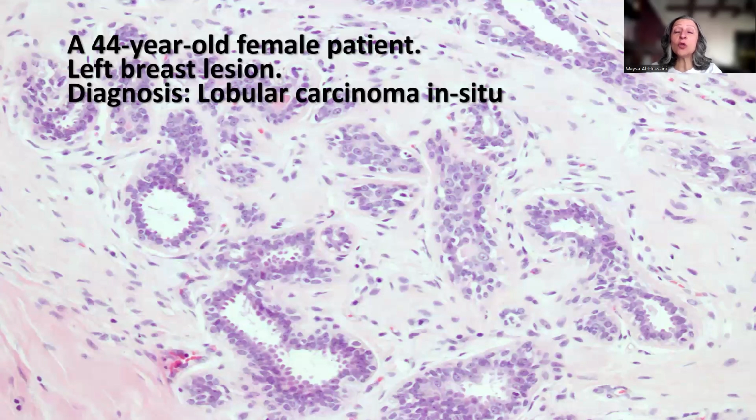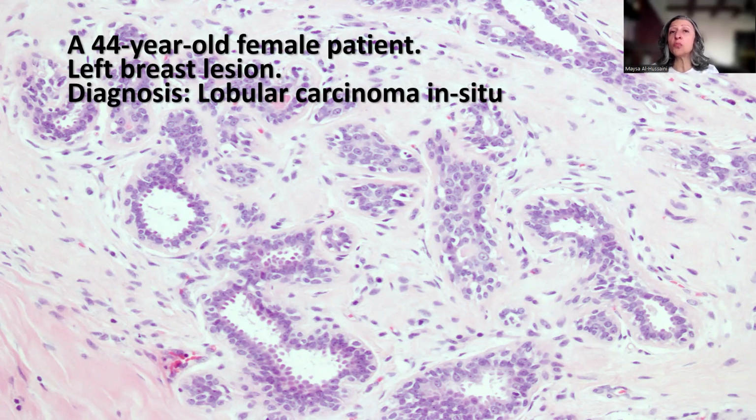So the final diagnosis in this part of the case is actually lobular carcinoma in situ. Remember that lobular carcinoma in situ by definition has to involve the terminal duct lobular unit, in which more than 50% of the acini are involved, expanded by proliferation of those discohesive cells that show little pleomorphism. The clue comes from maintaining the architecture of the terminal duct lobular unit, but with expansion, as I shared with you.